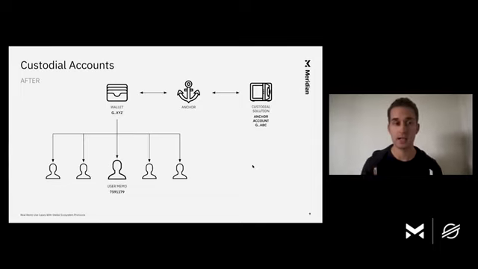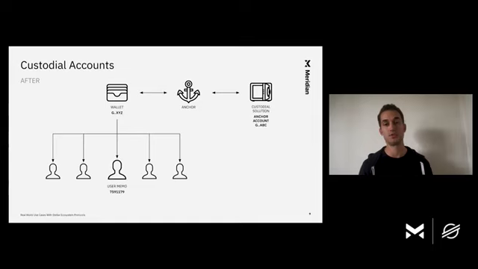So as I was saying, this model can actually get a little bit more complex because sometimes the owners or the managers of pool accounts don't actually want to manage the pool account. They want to add greater security and use a solution that specializes in securing these funds. And especially if they're pooled, they have a lot of funds in them, right? So using a custodial solution is very important.